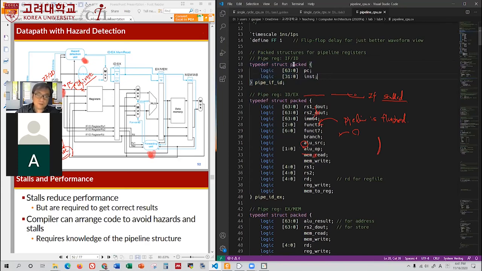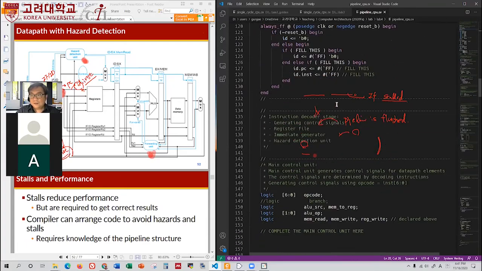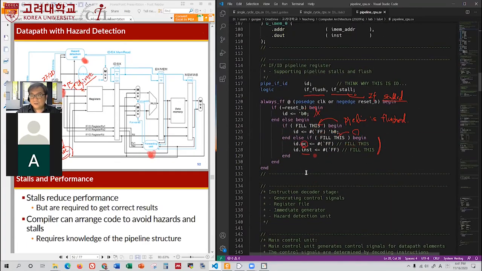This structure has member variables like PC and inst. So id.inst means that it is the inst signal in the ID stage. Okay. So this is the instruction fetch and ID pipeline register.